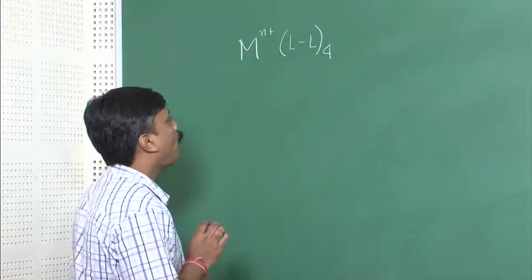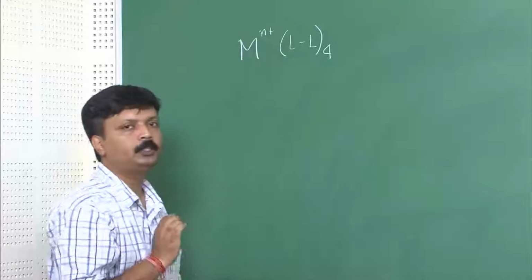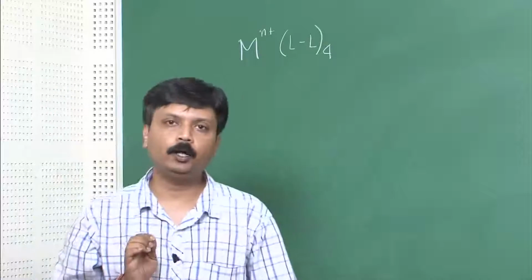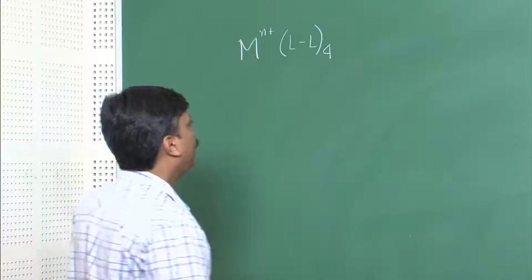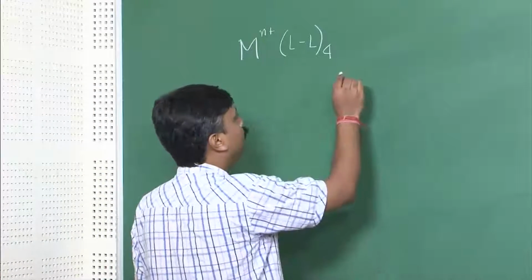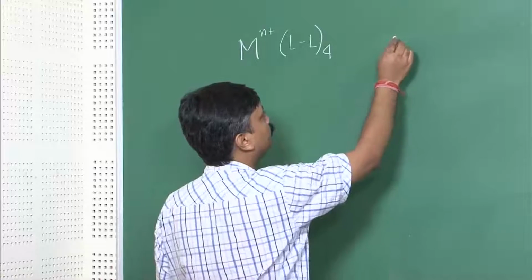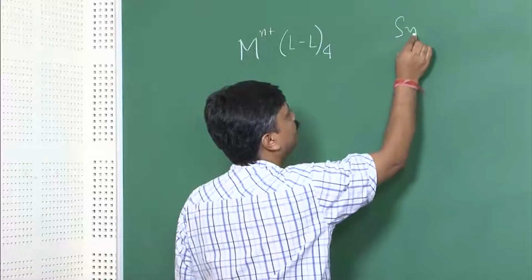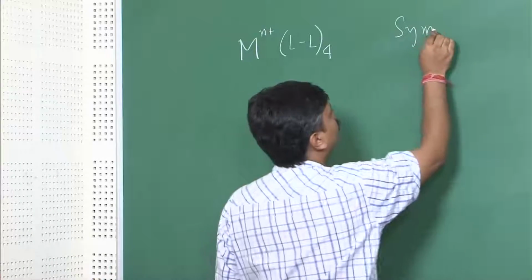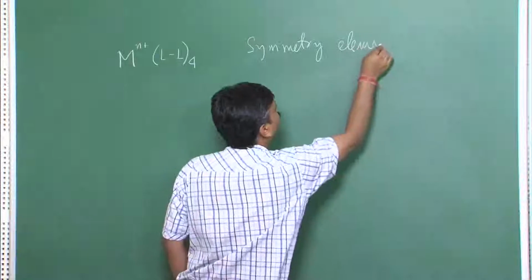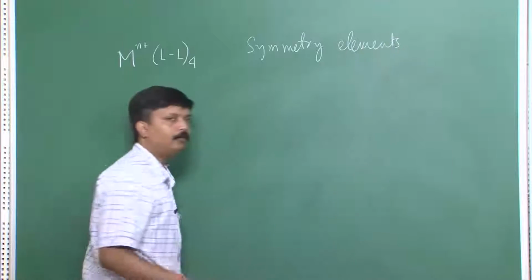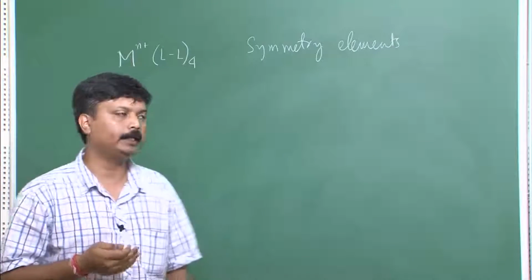So the first question that we have to ask is, what is the point group of this particular type of molecule? In order to do that, we need to find the symmetry elements, and therefore the symmetry operations generated from them.